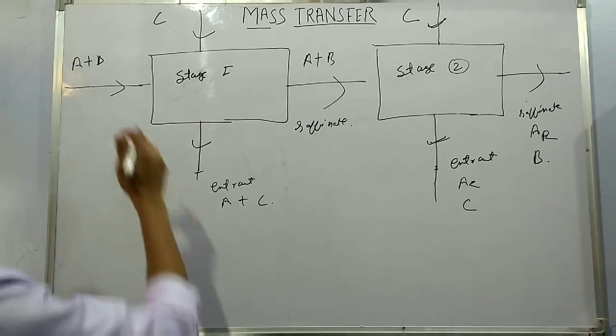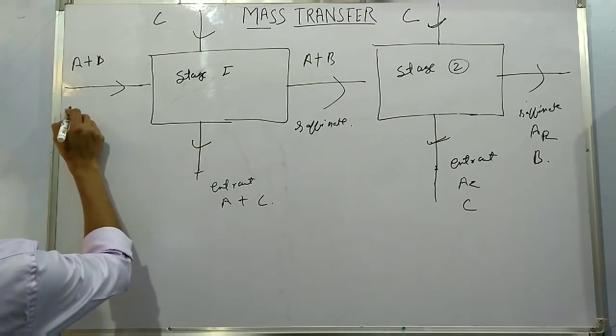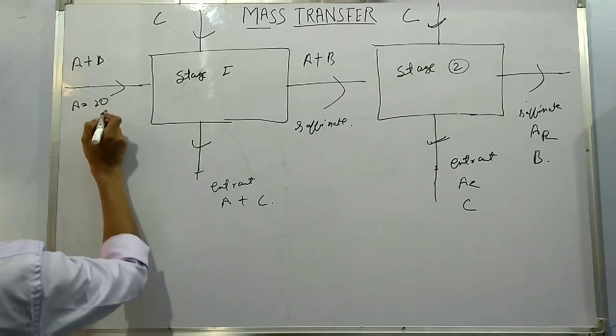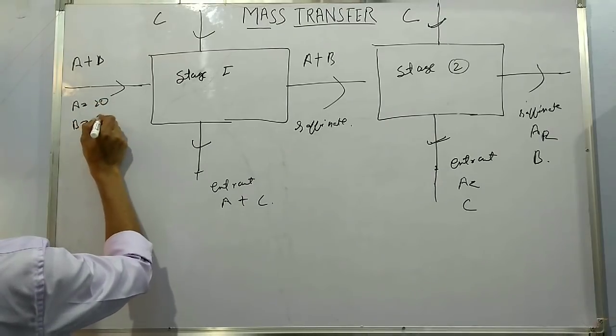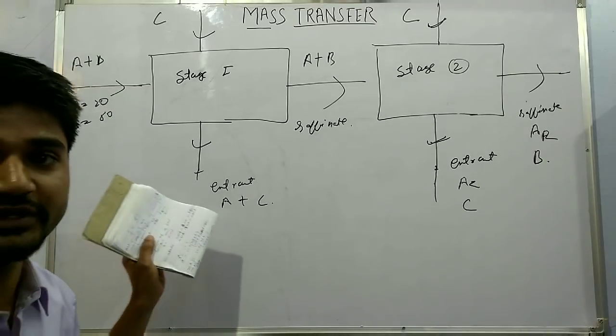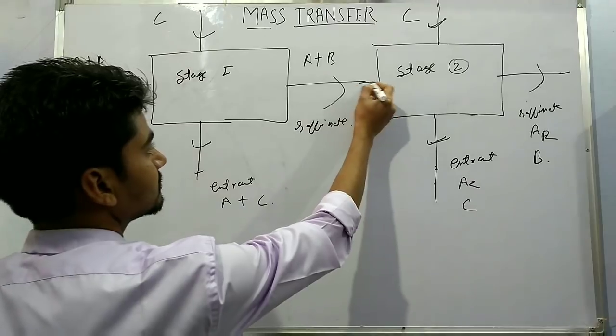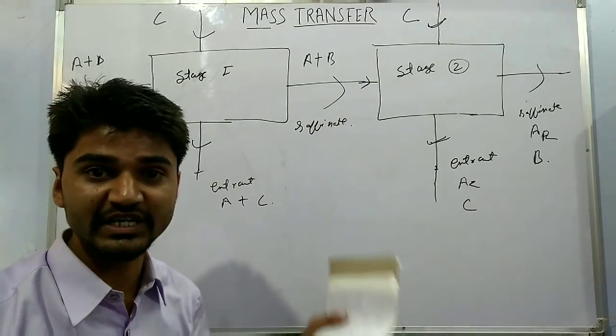Now here what we have been given is, in stage 1, 60% of extraction is taking place. So if we assume 100 moles of feed A plus B, then A will be 20 and B will be 80, as it is given that 20 mole % of A is present in the feed. So A will be 20 moles and B will be 80 moles, and 60% of A is extracted.